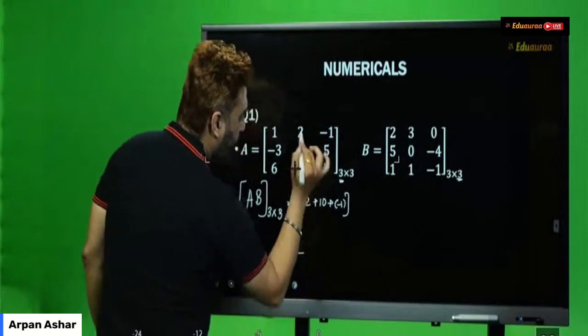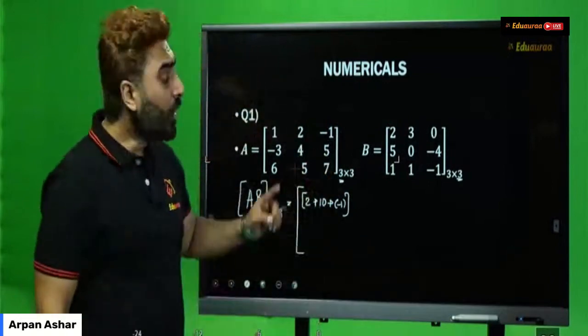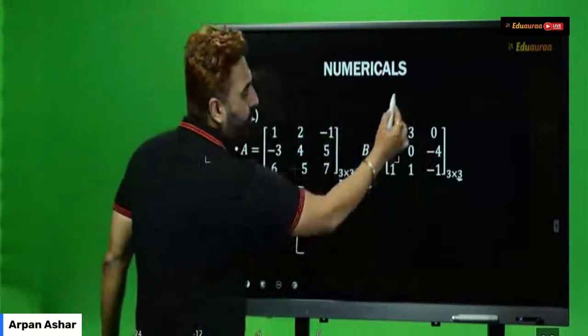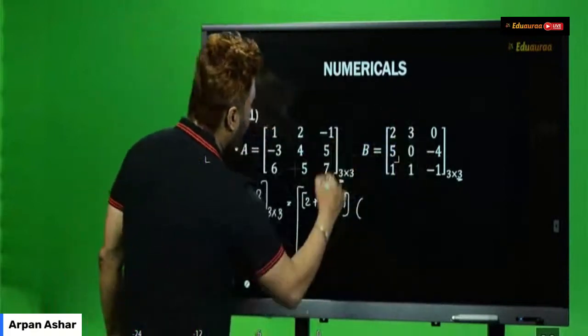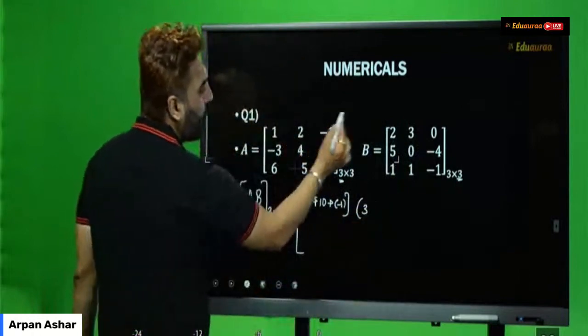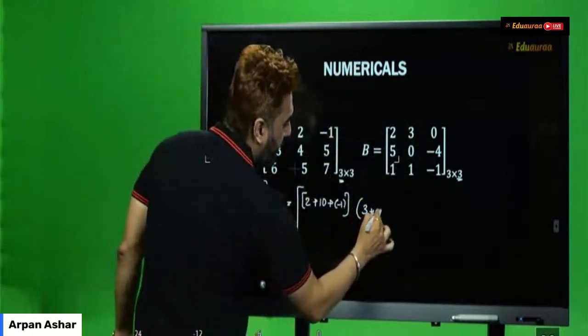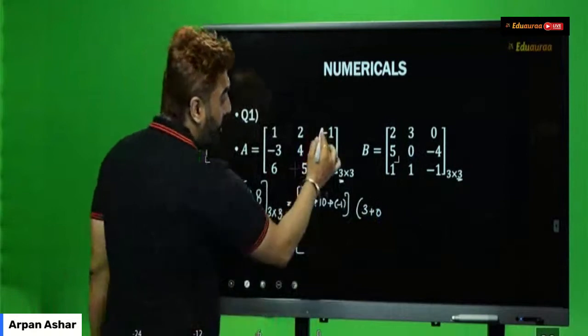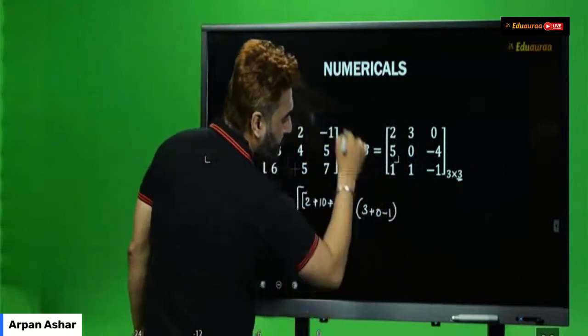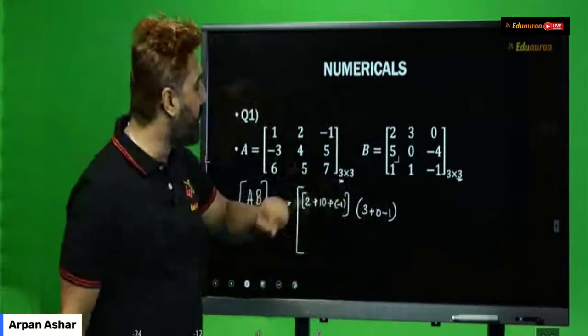So this is nothing but your a11. a12 क्या आएगा? Multiply first row with second column, that is 1 into 3, 3, 2 into 0, plus 0, plus minus 1 into 1, -1, ये हो गया a12.